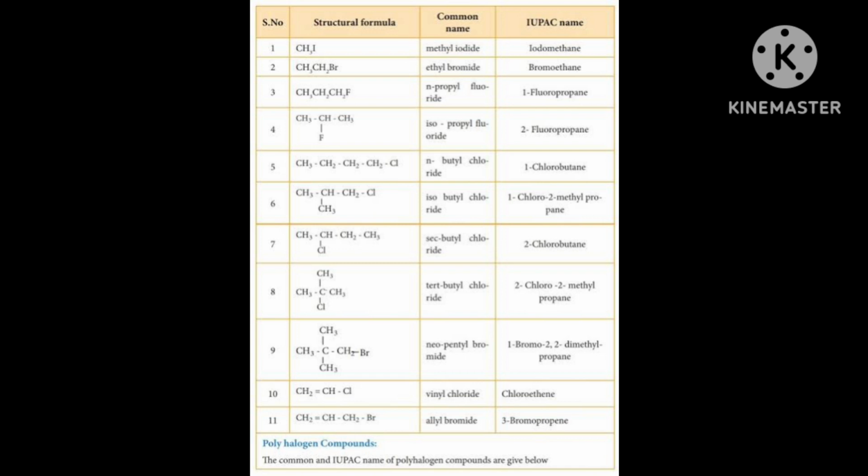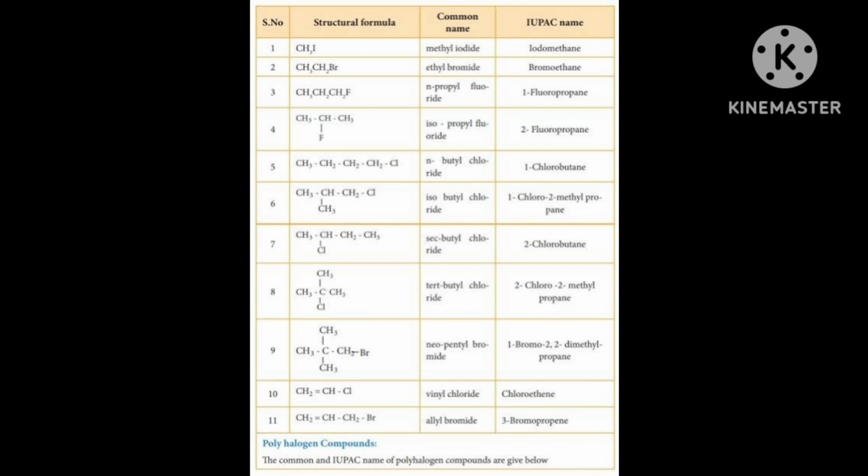Means with the third carbon, bromine is attached. One Br is attached, total 3 carbons are there: CH2=CH-CH2, and then Br is attached with this third carbon. Because a double bond is there between 2 carbons, it will be allyl.